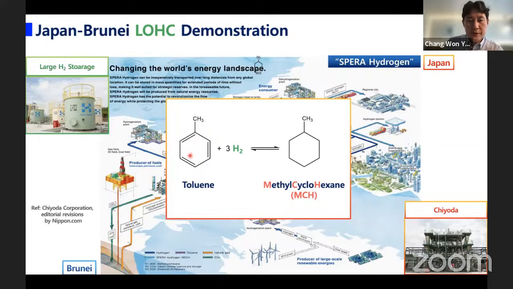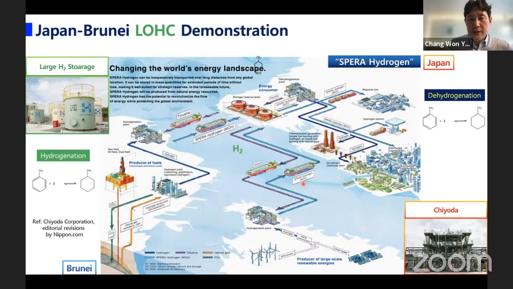If you see this, toluene has 3 carbon-carbon double bonds. Each carbon-carbon double bond can store 1 mole of hydrogen, so you can store a total of 3 hydrogen molecules inside the toluene by chemical reaction. Through the hydrogenation reaction, you can transform this toluene into methylcyclohexane, which is called MCH.